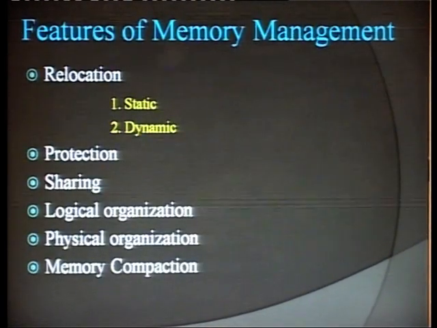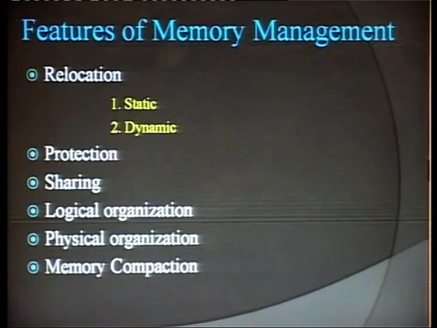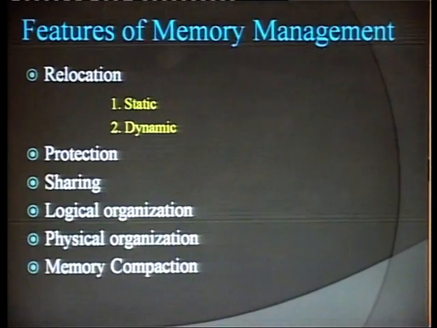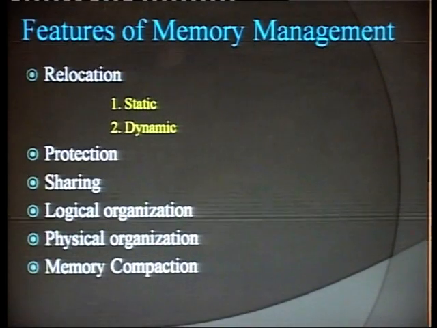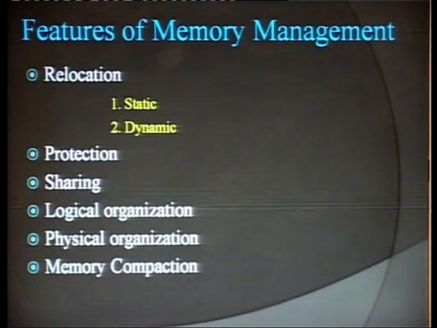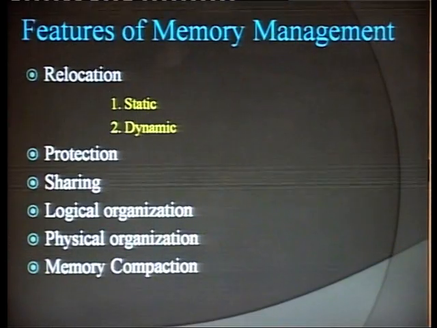Here are the features of memory management. Relocation: we have two types of relocation of memory, static and dynamic. Static means we have already fixed the memory partition and location before the process runs. Dynamic means we allocate memory and relocate variables and processes at execution time. Next is protection.